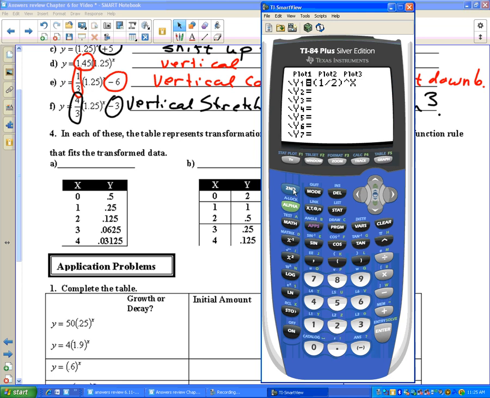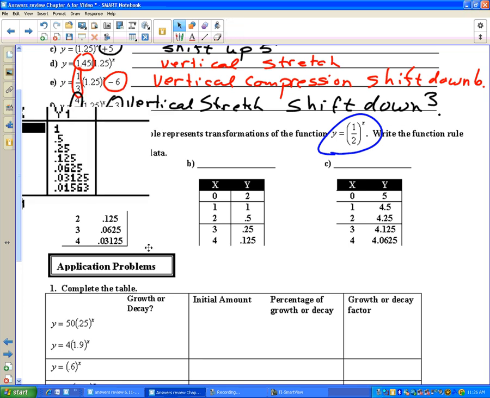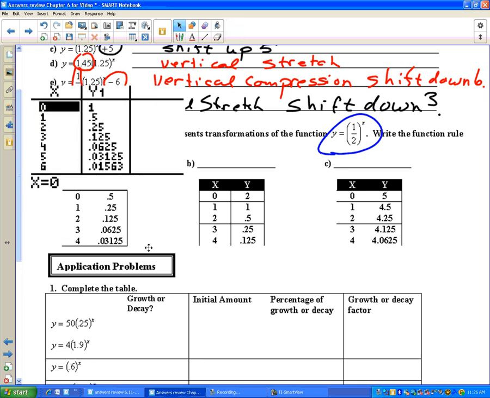I'm going to make my table start at 0. So this is what the table should be, 1, 0.5, 0.25, 0.125. Instead, it starts at 0.5, 0.25, 0.125. So it's decreasing by what looks like half every time. So that tells me that more than likely I'm not going to add or subtract. I'm going to multiply by something. So it's going to be y is equal to, well, what's it doing? It's decreasing by half.